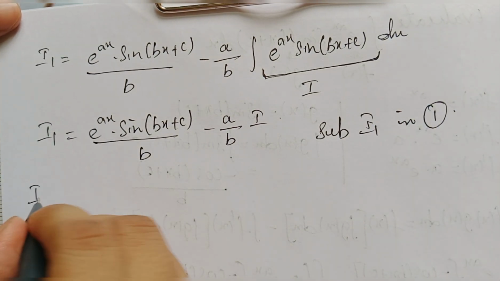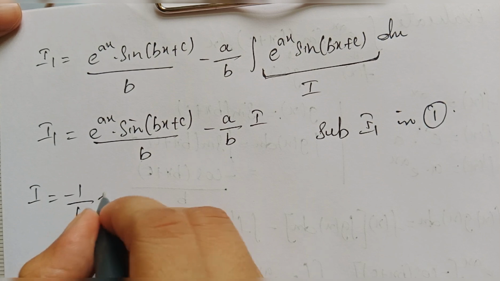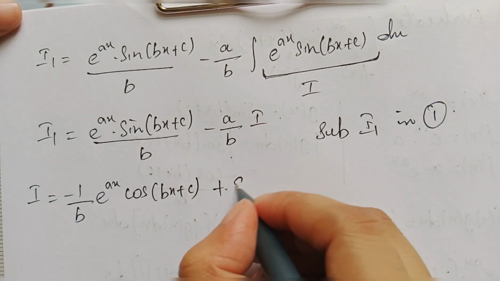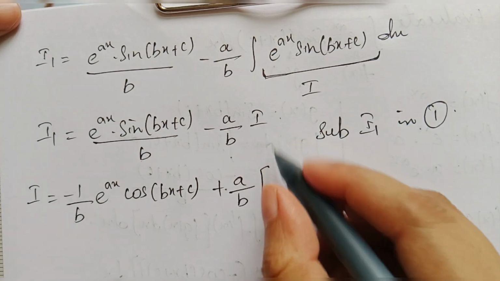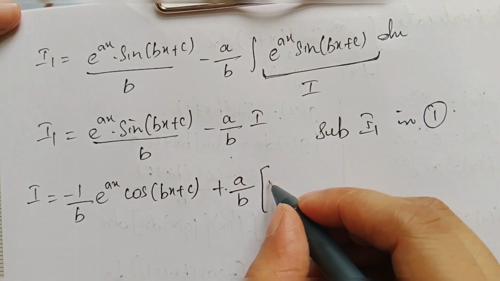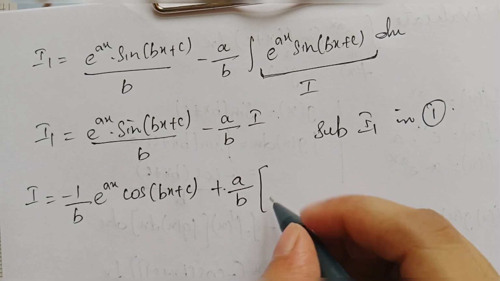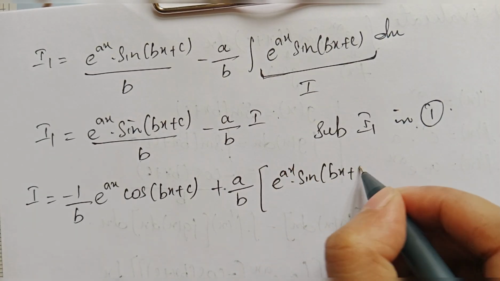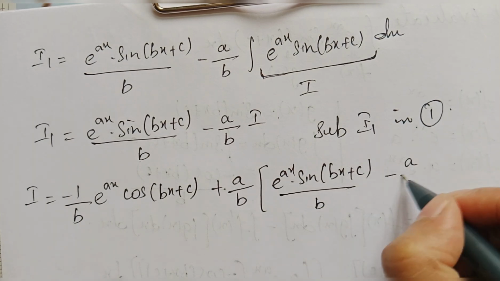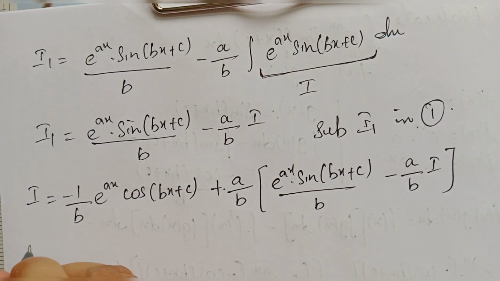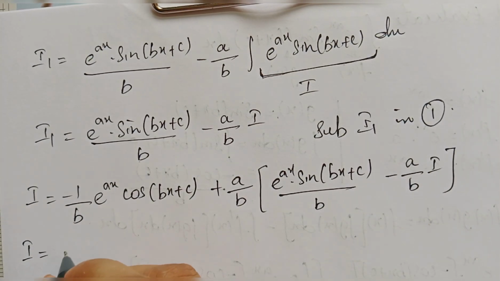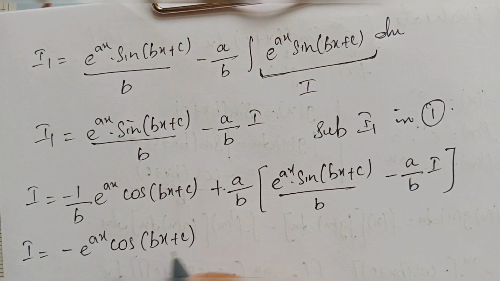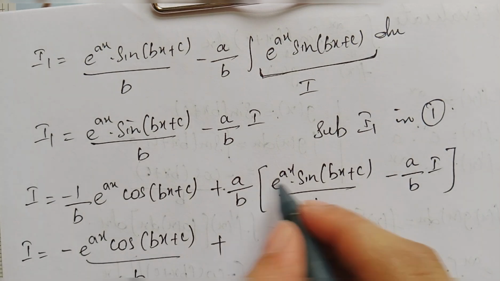So we'll get I is equal to minus 1 by b e^(ax) cos(bx + c) plus a by b into the value of I1, which is e^(ax) sin(bx + c) by b minus a by b into I.